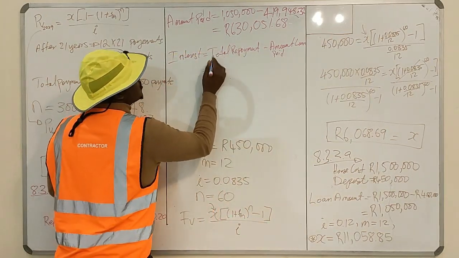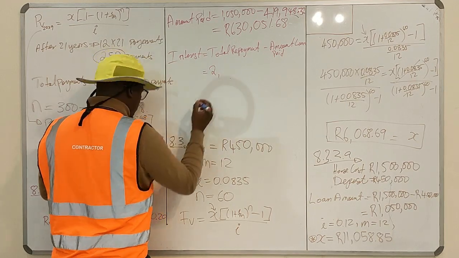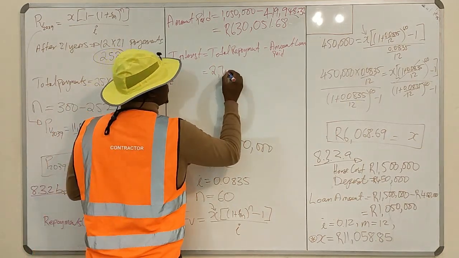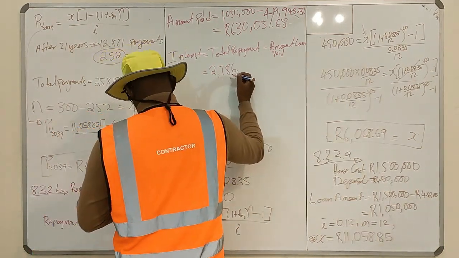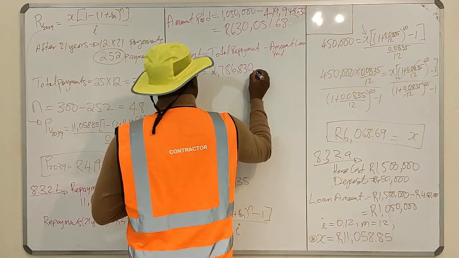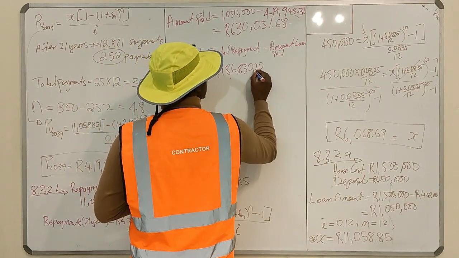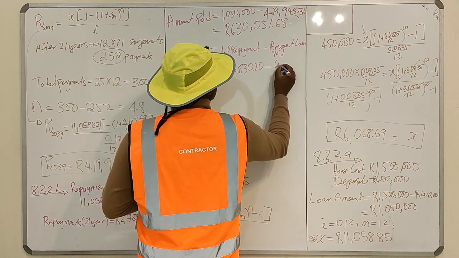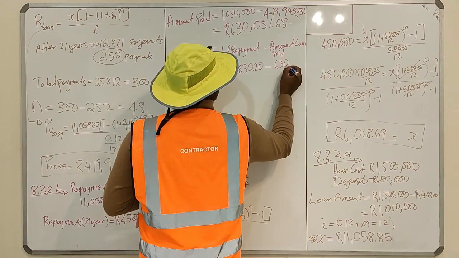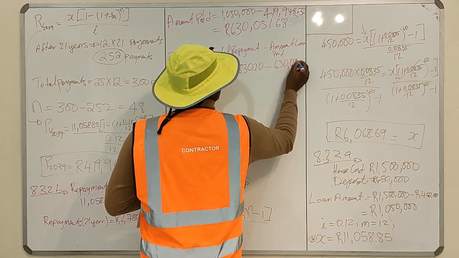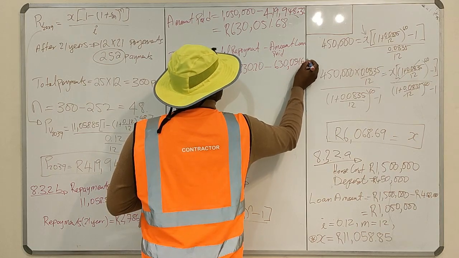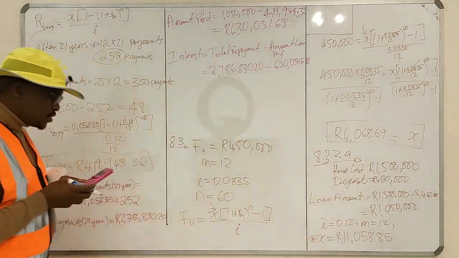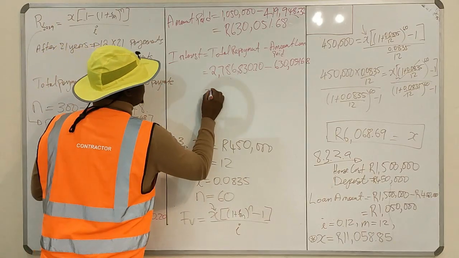So the interest will be 2,786,830.20 minus 630,051.68. The difference between the two should give you the interest.